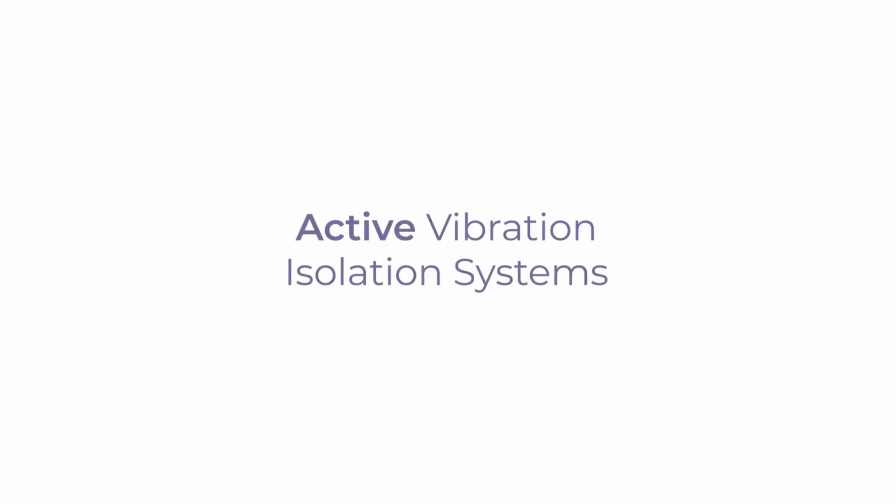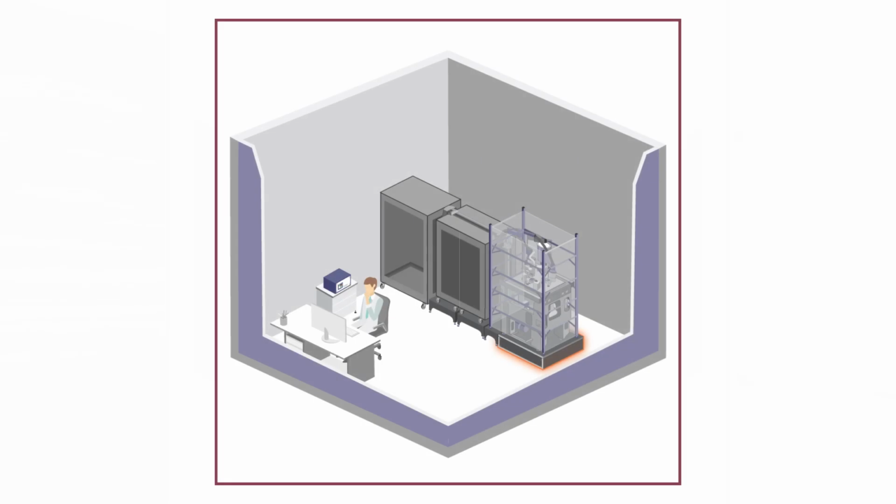But the problem, as you can probably tell, is that the natural frequency amplifies the low frequency vibration sources we discussed earlier. So onboard passive systems work well for the higher frequencies, but they are susceptible to low frequency vibration. That's where the active vibration isolation systems come in.